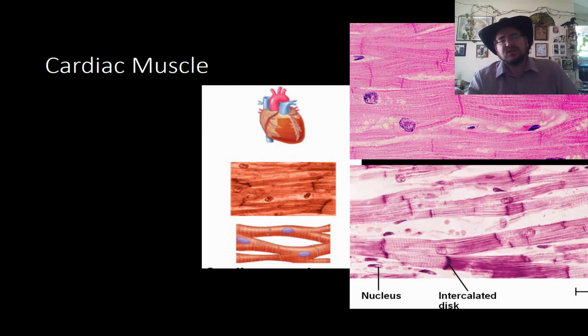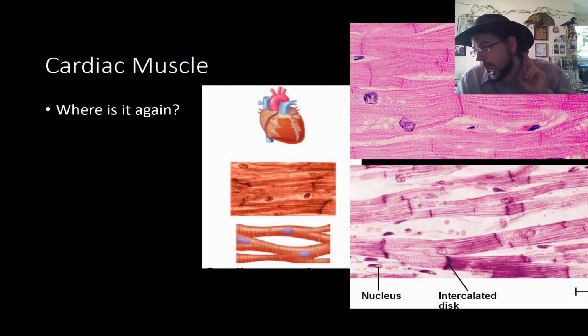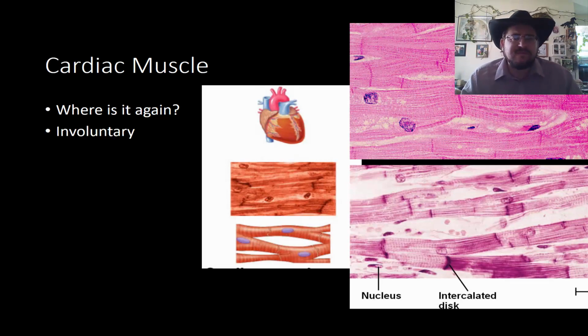Cardiac muscle. Where's the cardiac muscle? Yeah, heart. Cardiac, heart. Okay, so again, involuntary, not under your control. Striated. We see those bands or stripes. Bands or stripes mean that this muscle can contract a lot. The more bands there are, the more it can contract. So if you think of your muscle relaxed like this and contracted like that, right?